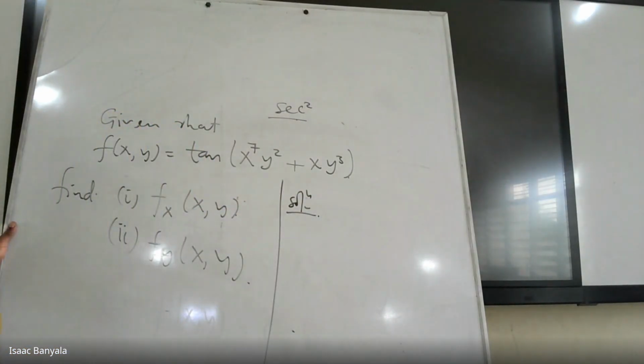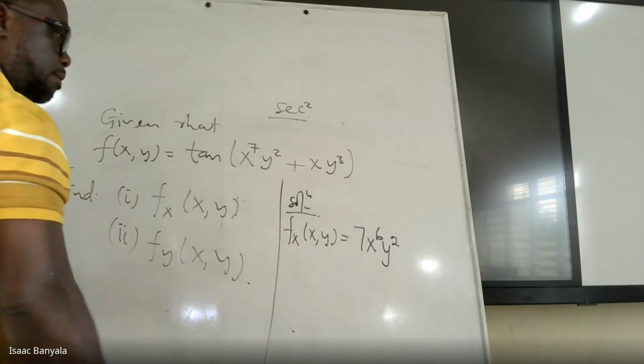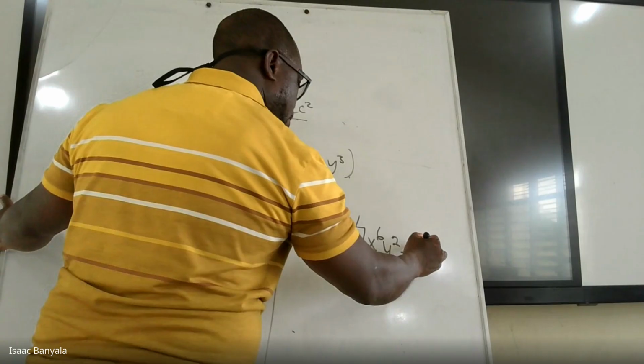First one, with respect to x: 7x exponent 6 y squared plus y cubed, bracket close.